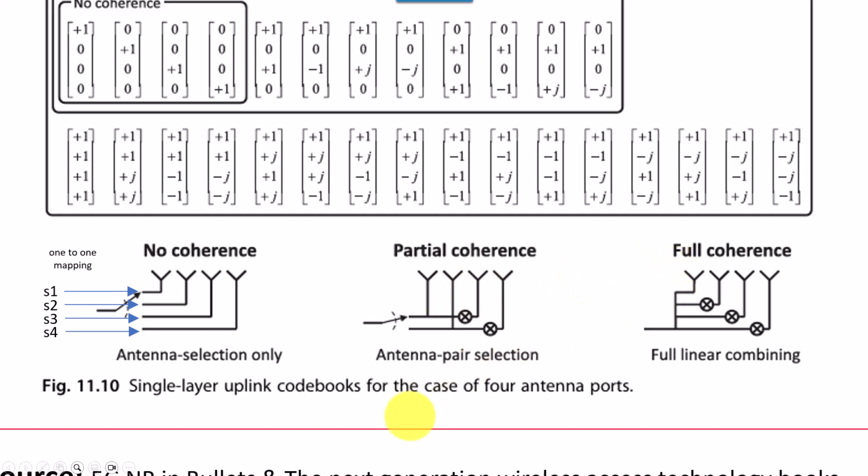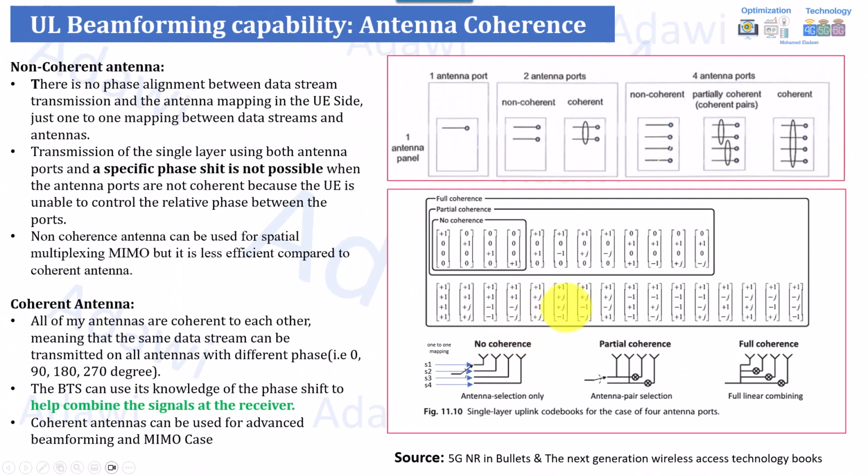Also the same case for single layer, it will be transmitted 4 times through 4 different ports, but each using a different phase. So again, this is increasing the entries of the TPMI, so that the gNB will have more flexibility to select the best beam in the uplink direction, so it can maximize the uplink user throughput.